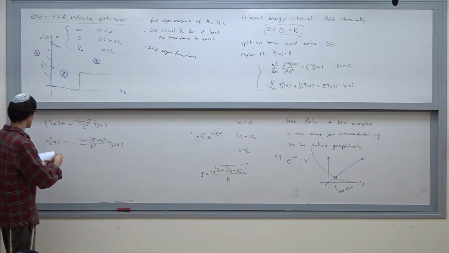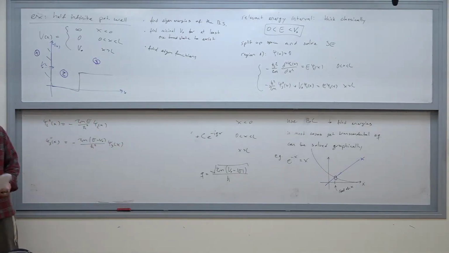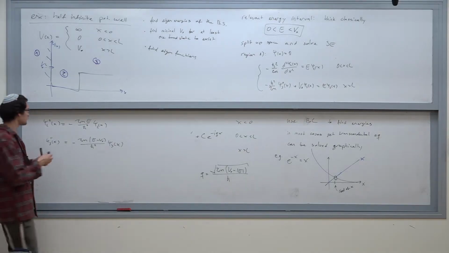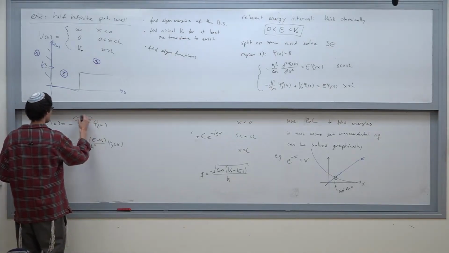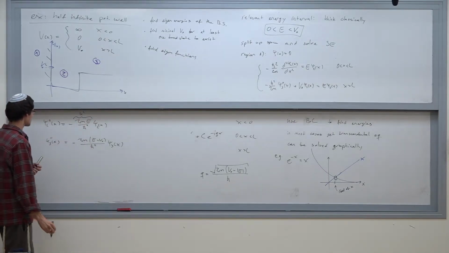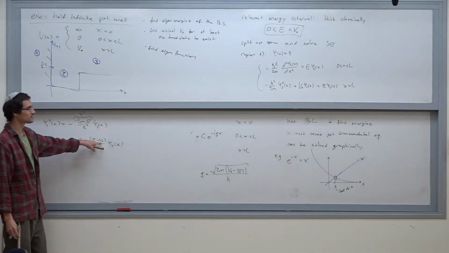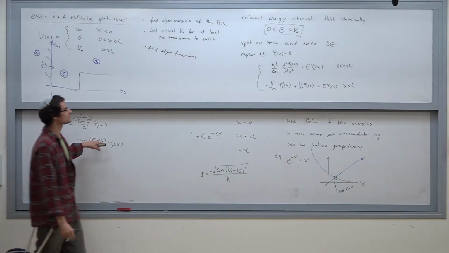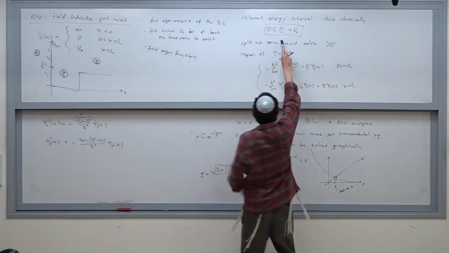So in the upper equation for ψ2, the replacement is simple. This is a positive number, so this is k². In the second case, E − V0 is negative, because we're looking at cases where E is smaller than V0.